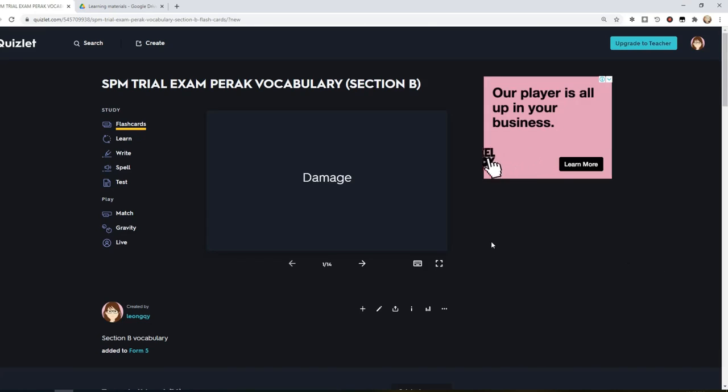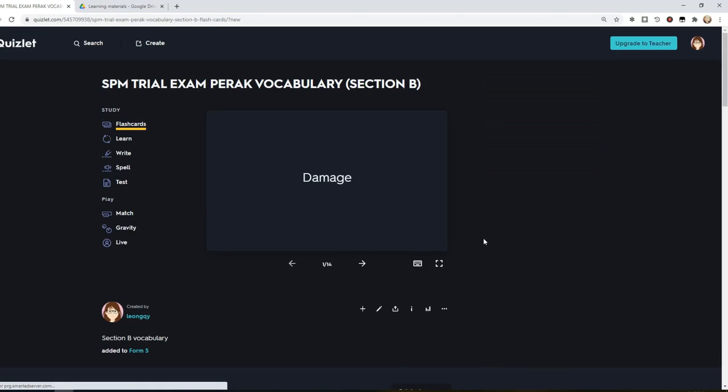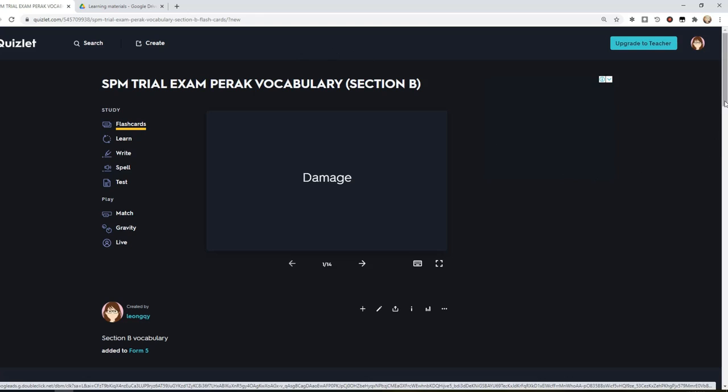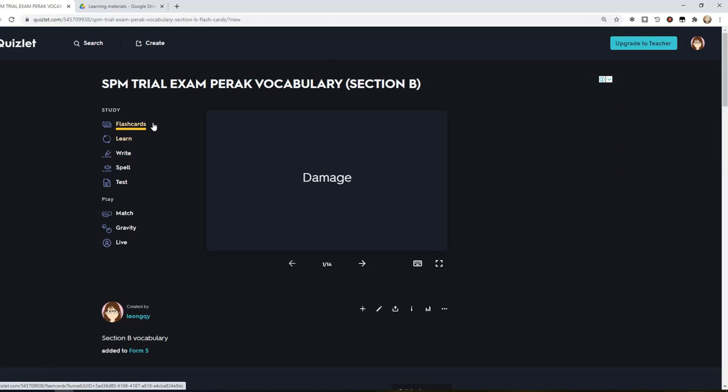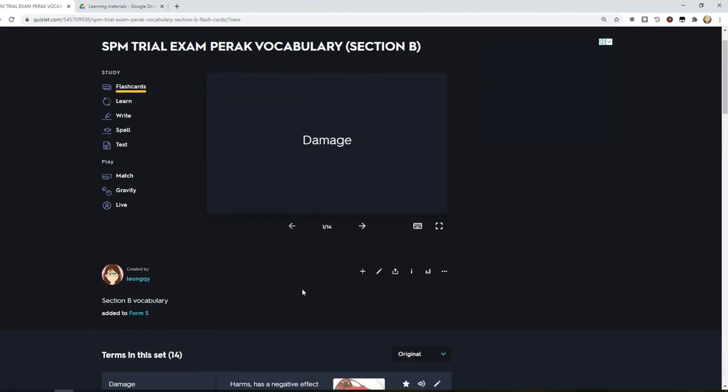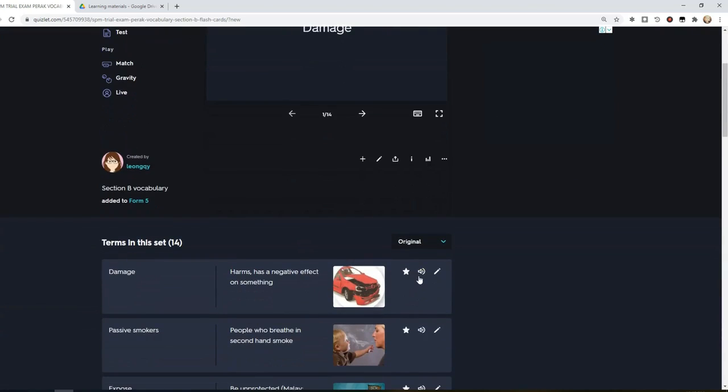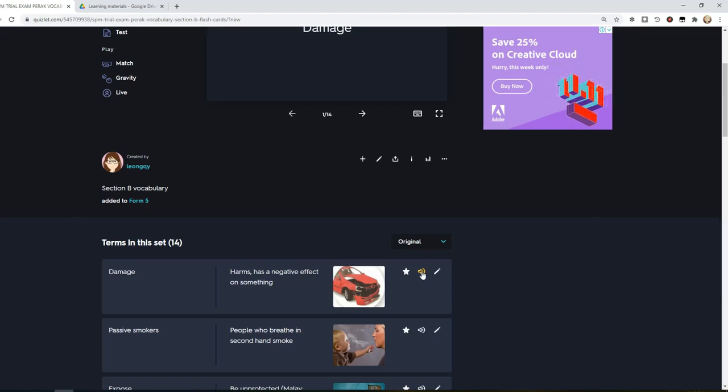We have reached the end of the presentation for information transfer, also known as section B in your paper 2. Now let me show you the Quizlet that I have prepared for this section. As usual, I will put the link to this quiz in the description box. Please make sure you go and learn all the meanings of the words again under flashcards. You can also go down here and listen to the pronunciation of the words as well.